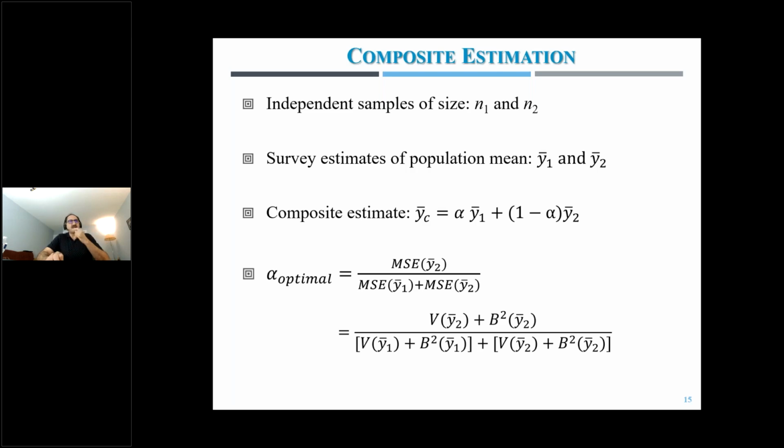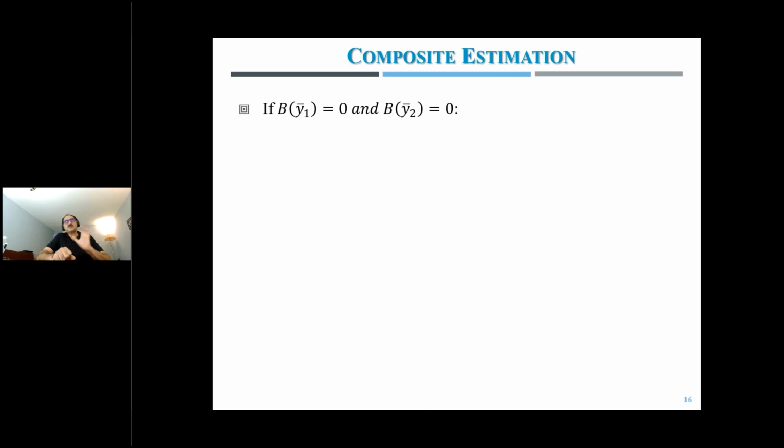Now, this looks a little complicated, so let me simplify it a little for you. If we can assume that each of these individual surveys, in this case, we have two independent surveys, one of size N1, one of size N2, are producing unbiased estimates, this can come as a natural byproduct of probability samples, or if we have a non-probability sample, we can assume that we can weight the sample and do our best to eliminate as much of the bias as possible, so that this tool becomes available to us.